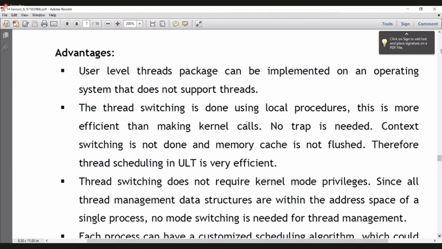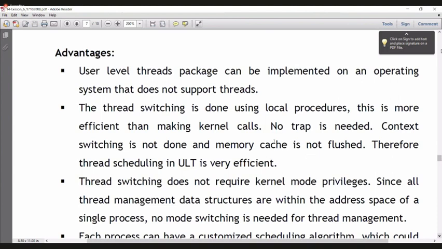The thread switching is done using local procedures, for example, right? So you need to write local procedures in your program. This is more efficient than making kernel calls. No trap is needed. So you don't have to worry about the system calls within the program you are implementing.